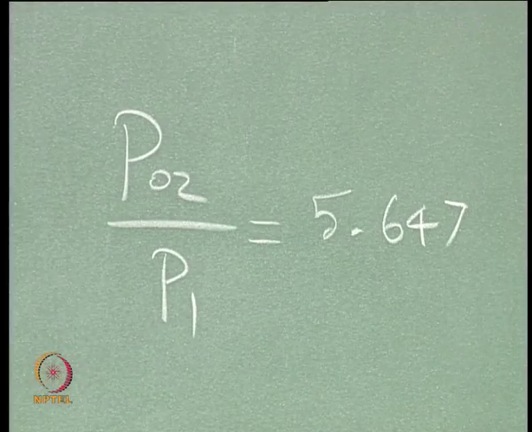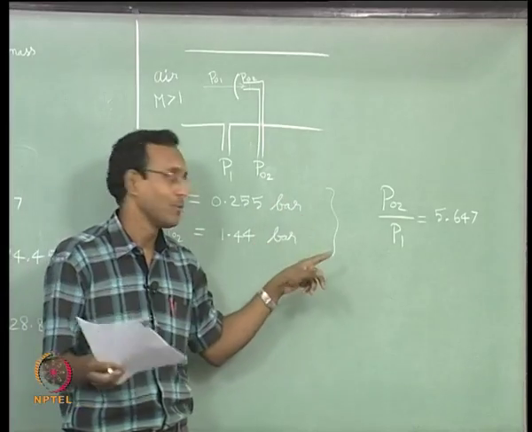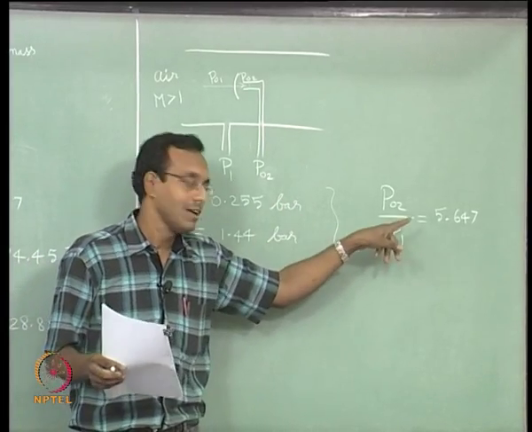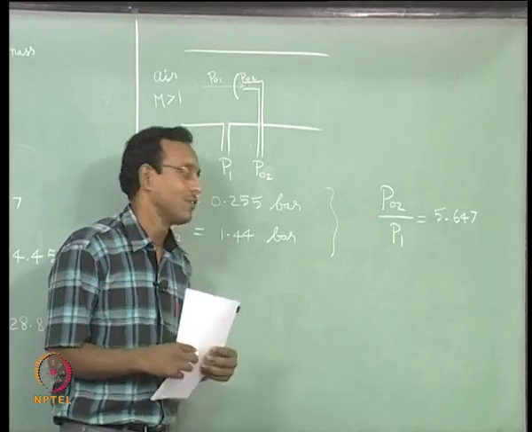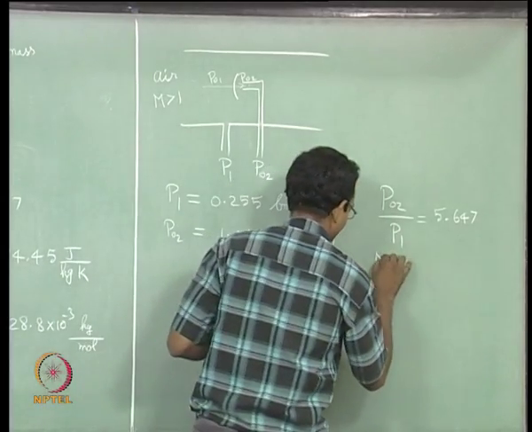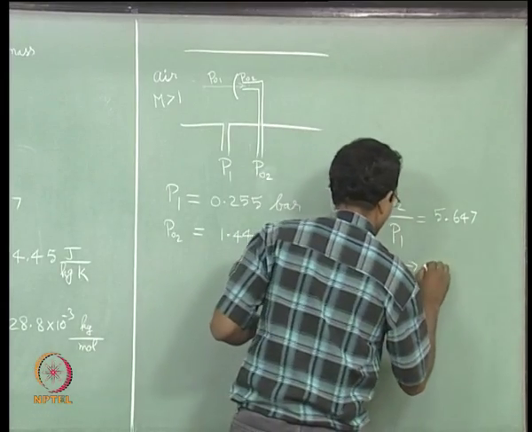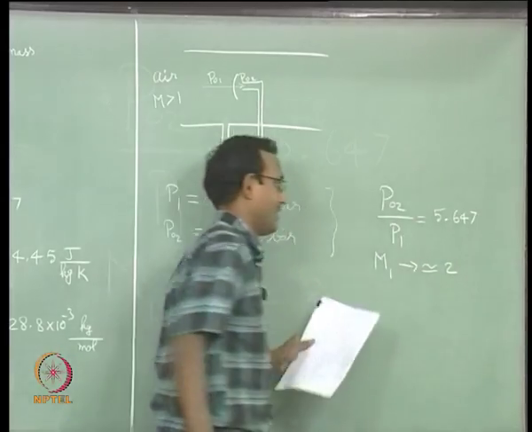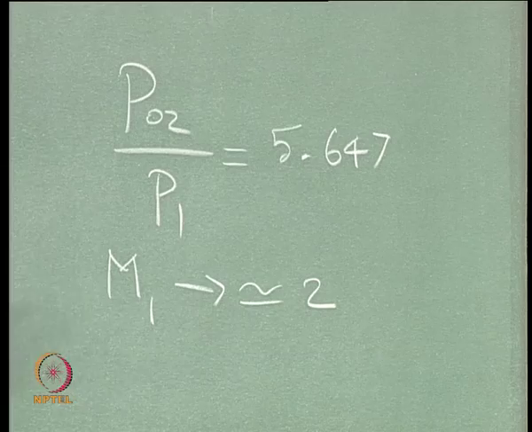Now I go to that particular column with gamma equal to 1.4, since it is air, and look for this number in that column. Wherever it occurs, I read out my M1 value, and that value is approximately equal to 2. It actually comes out to be 1.999, we will just keep it 2.